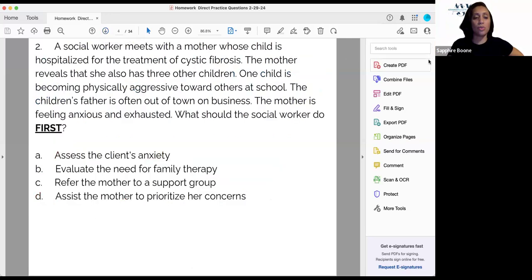All right, make sure you are using the elimination method. I want to make sure you are eliminating before you pick an answer: eliminate what it is not, what it would never be, or what it just is not going to work with the scenario, okay?